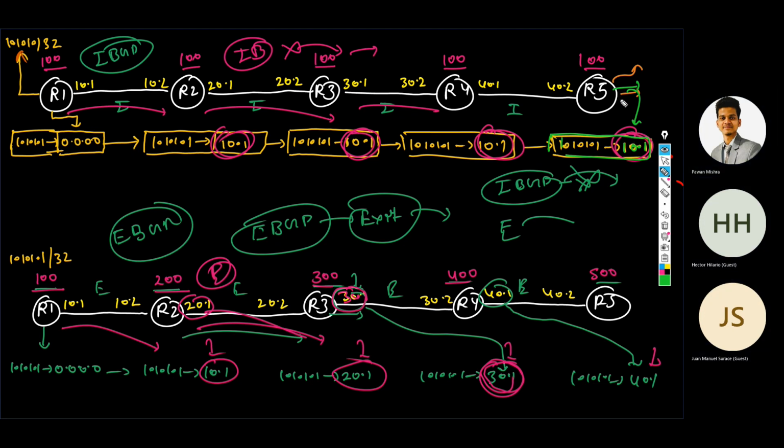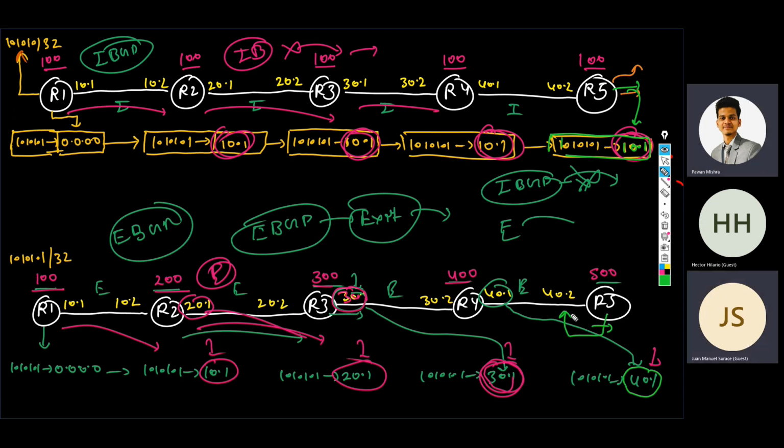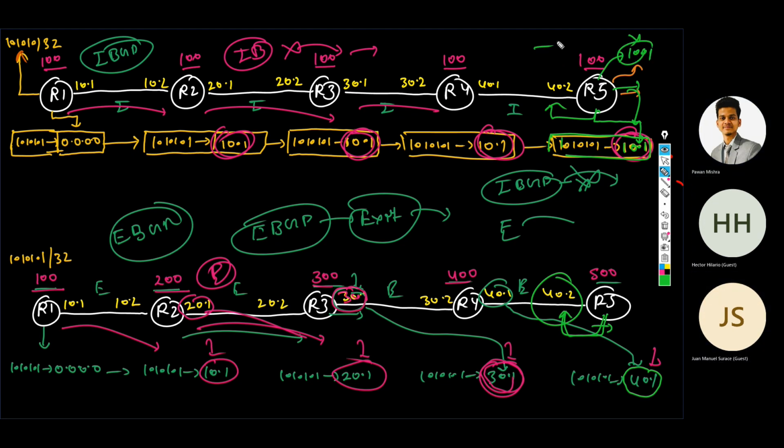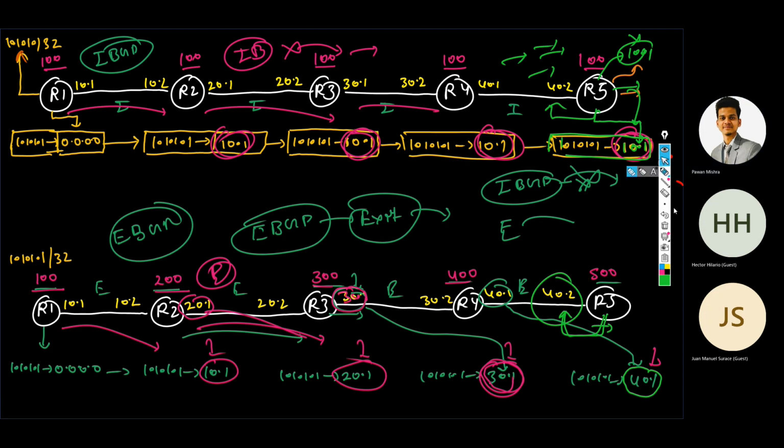Once R5 receives the route here, the next hop IP is 40.1, and the 40.0 network is directly connected with R5. But if I talk about R5 here, the 10.0 network is not directly connected with R5. So how is R5 reachable with 40.1? This is the question that I can explain to you. Don't worry, guys, each and everything I'll explain.